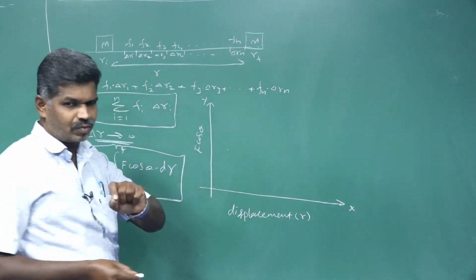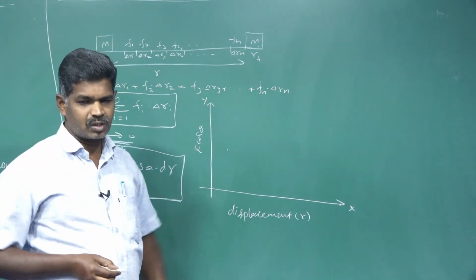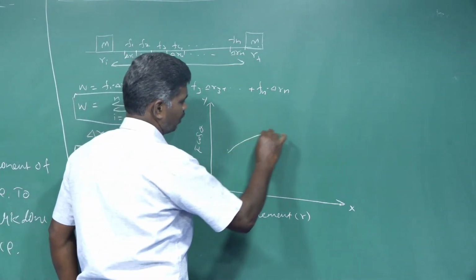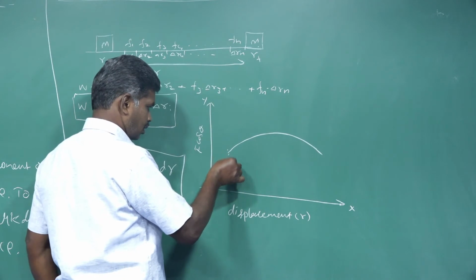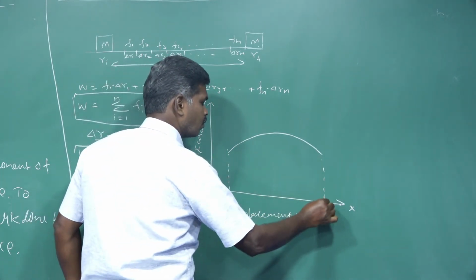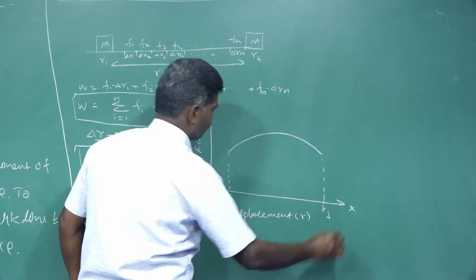From position to position, which one varies? Our applied force varies. So that's why the sample graph looks like this. There is an initial position Ri and a final position Rf.